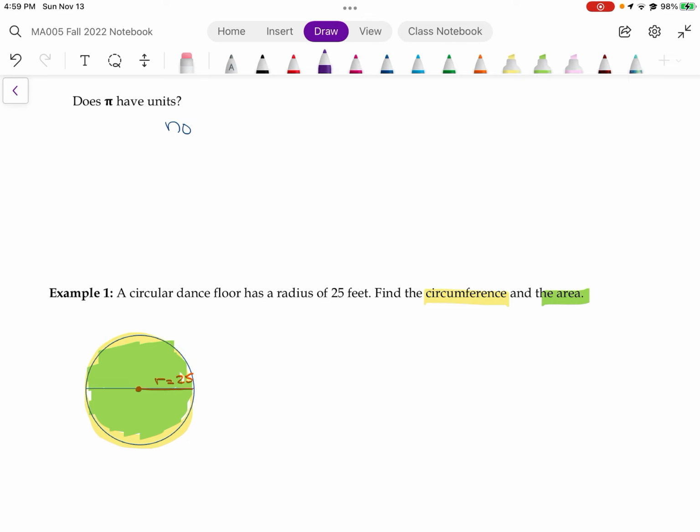Circumference is 2 pi times r. Since we're given r, that's the one I'm going to use, because remember there's another one, pi times d, but we're not given the diameter, so we might as well use this one. 2 times 3.14 times 25 gives me 157 feet.